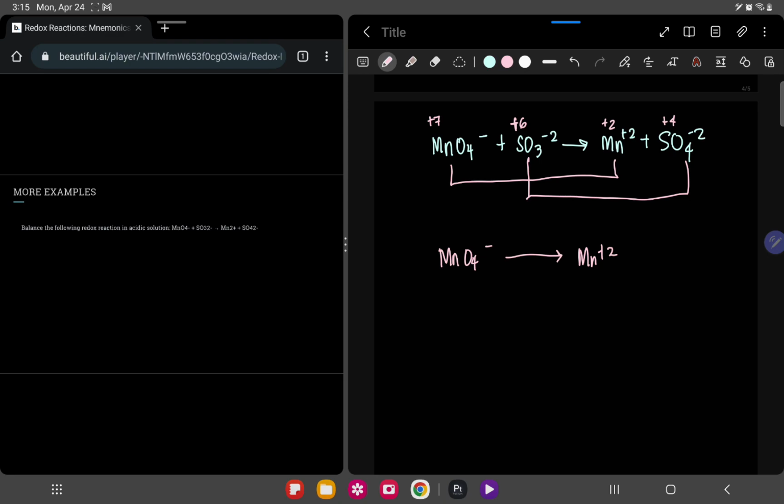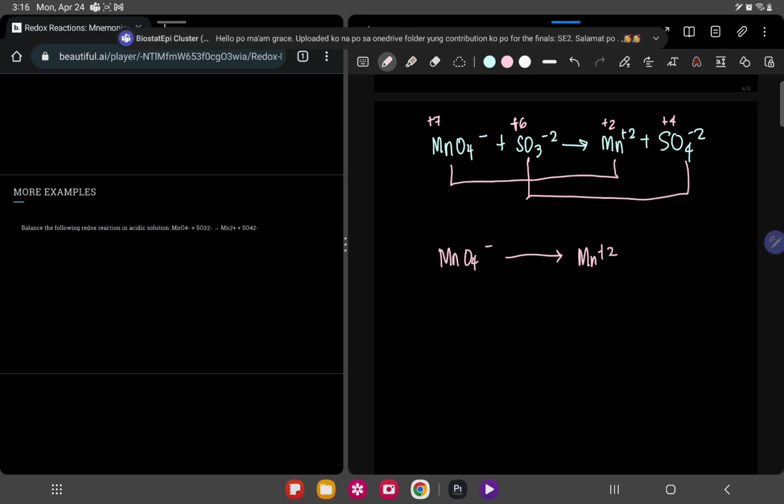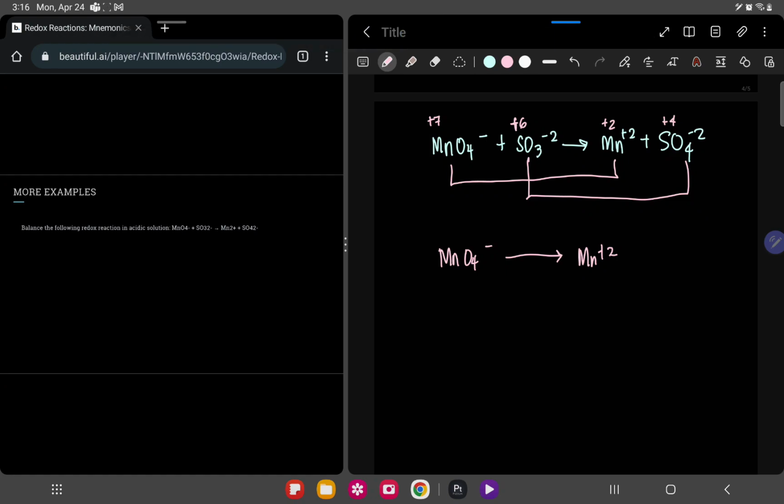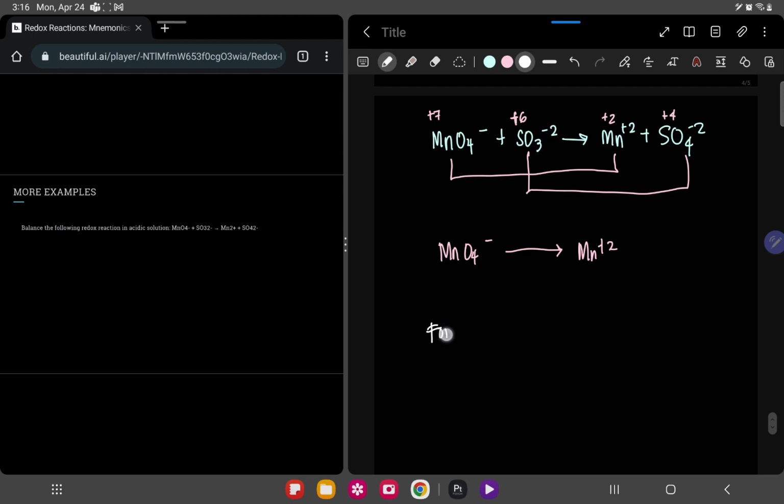So what happened here is we have to balance this manganese. As you may see, they both have one manganese, but on the reactant side, we have oxygen. To balance it out, remember that for every oxygen, we have to balance it out on the other side with water.